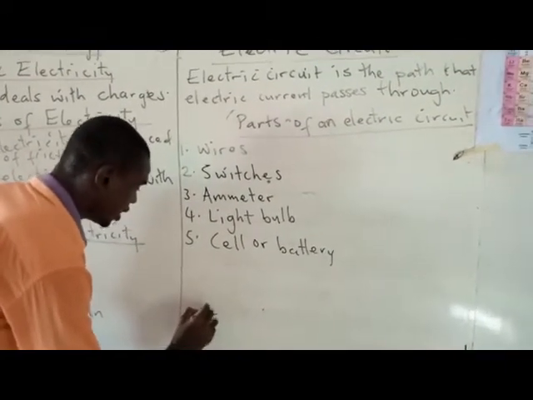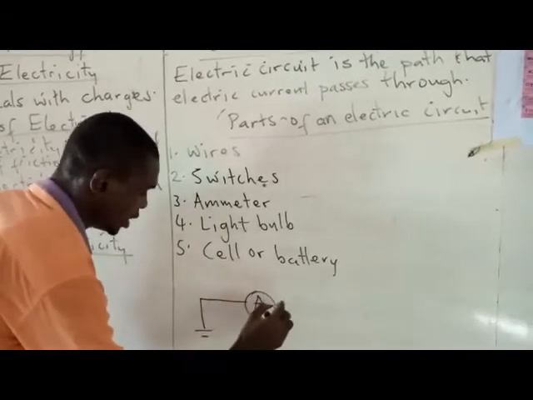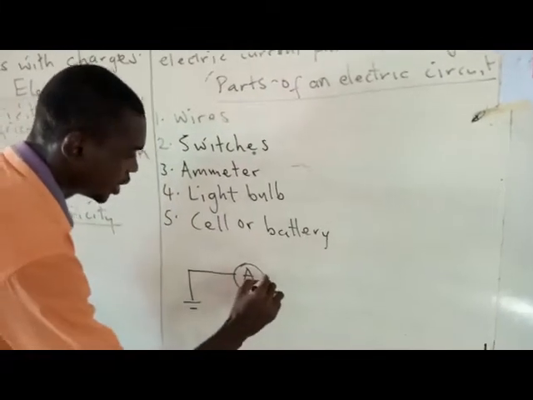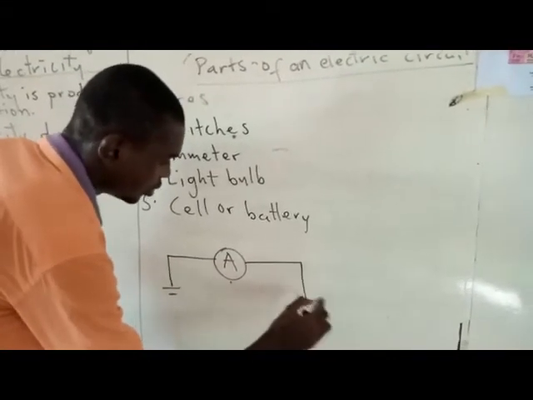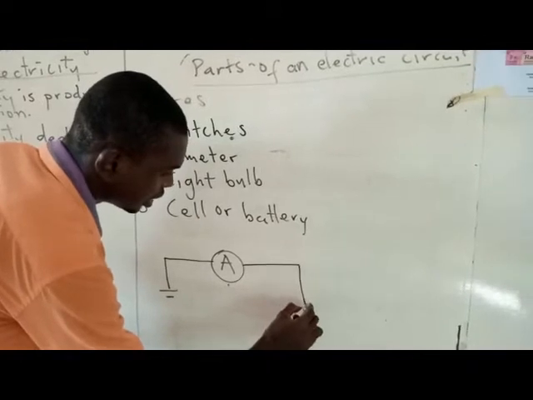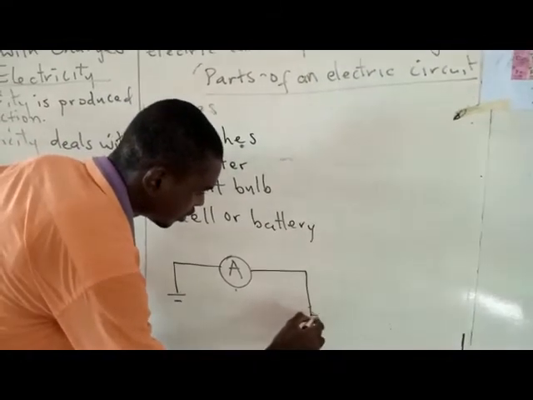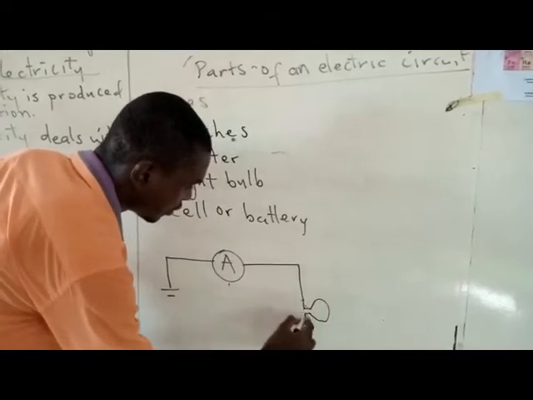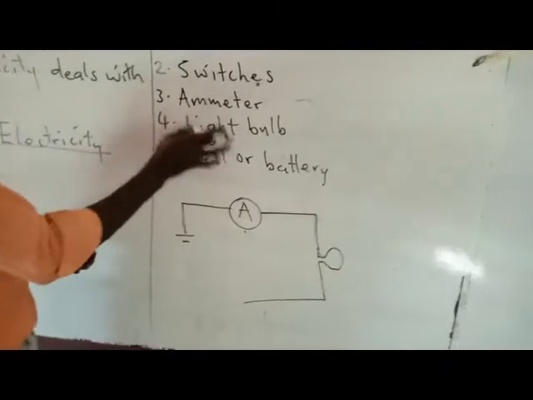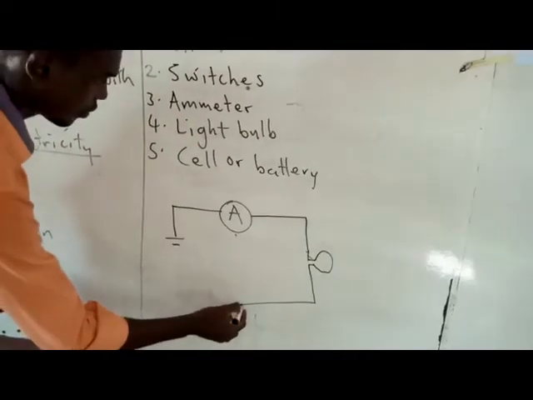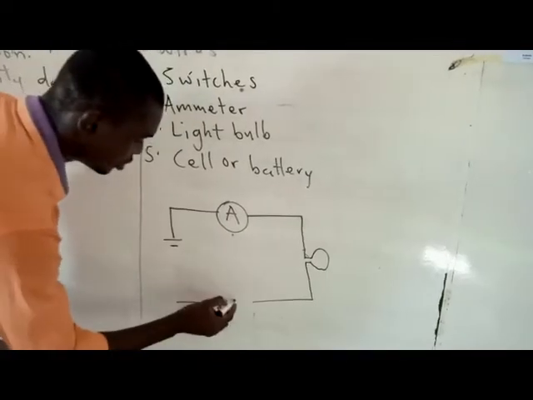Now let me do something like this. I will explain what they all mean to you. You have, let's say, the light bulb here, and a switch.